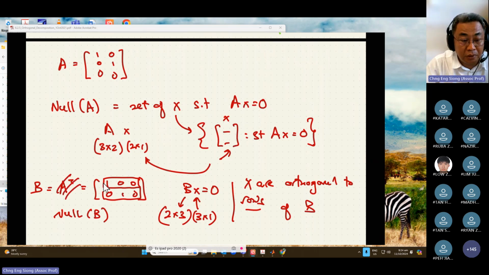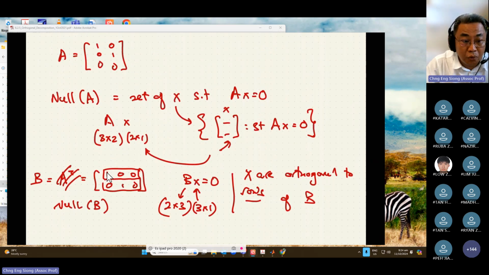B is equal to this row and this row. B times X equals 0 means that this row times this column equals 0. So the rows of B are orthogonal to the X's. Sorry, the null space of B is the X such that the X are orthogonal to the rows of B.